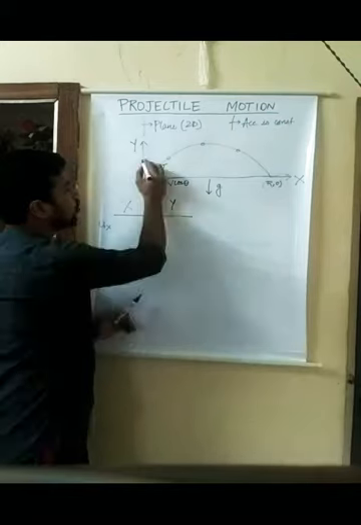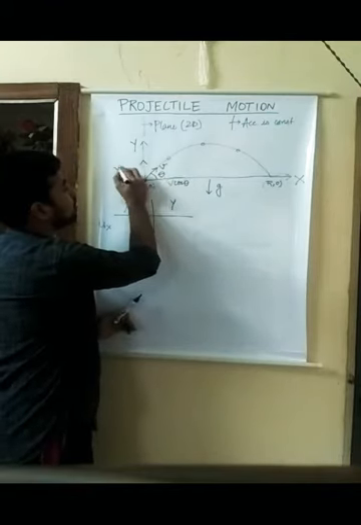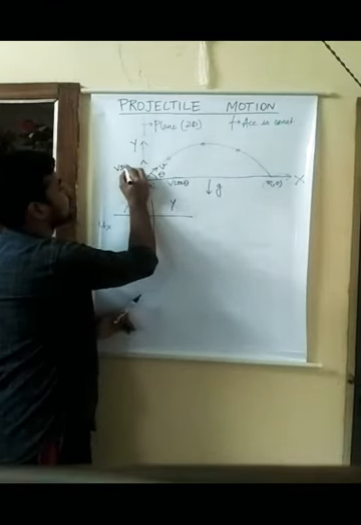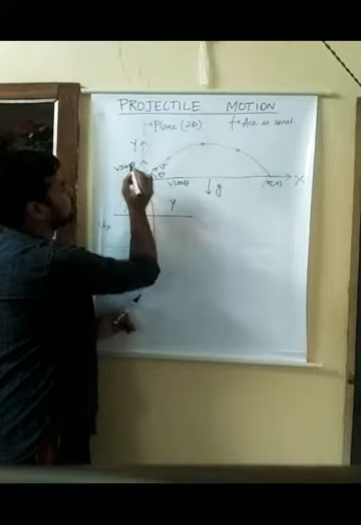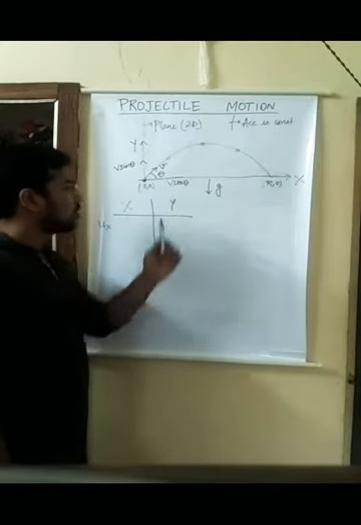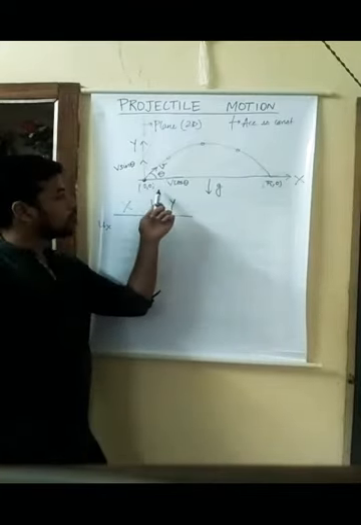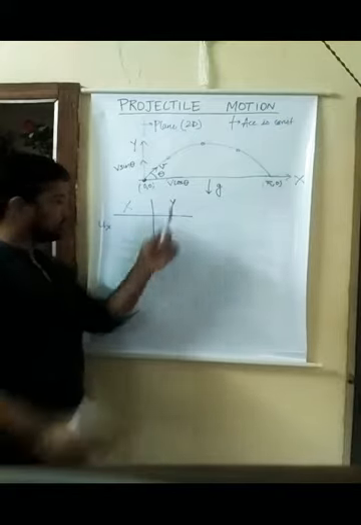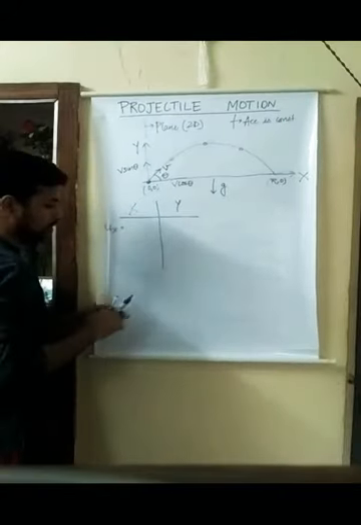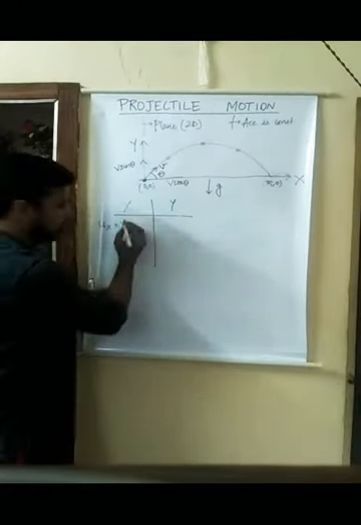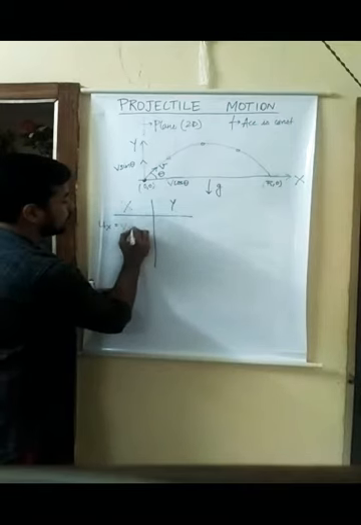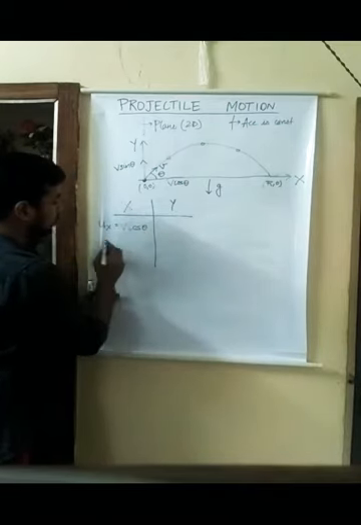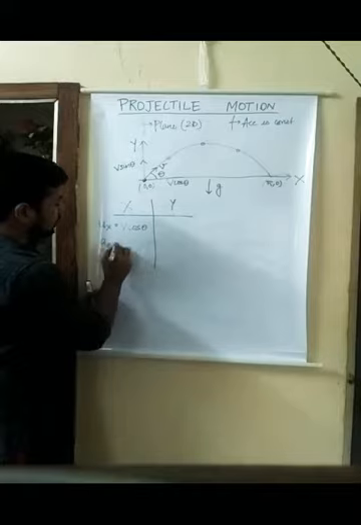In the y direction the component would be v sin theta. So the initial velocity in x is v cos theta.